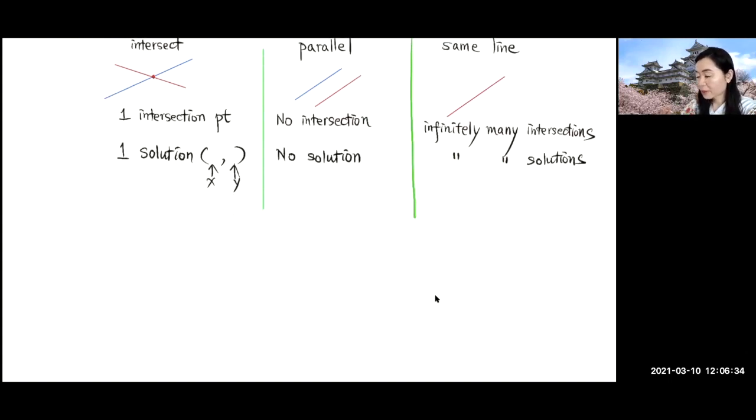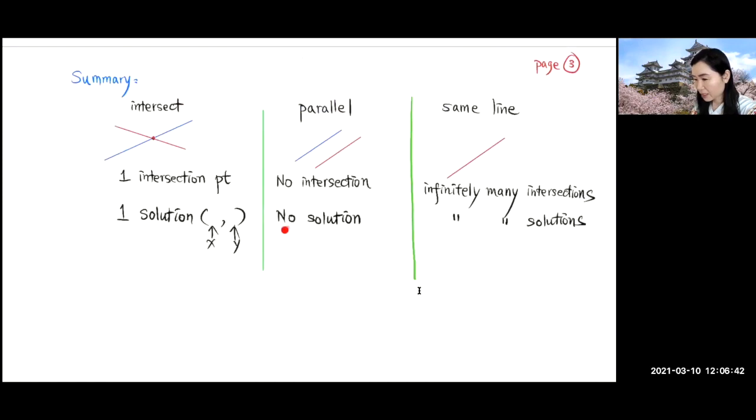Now I'm going to teach you a couple of fancy words in math. When the system has no solution, we call that system of two equations... what do I mean by a system of equations? You have the first equation and then the second equation, right?